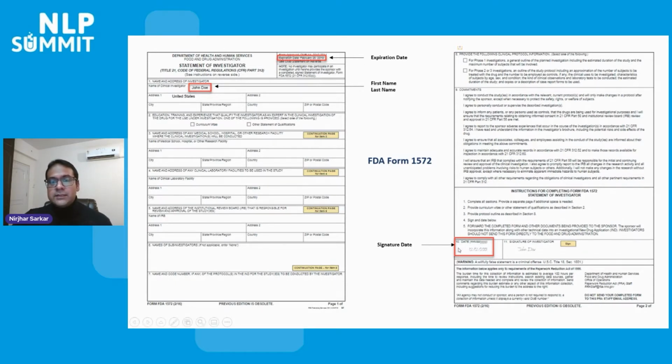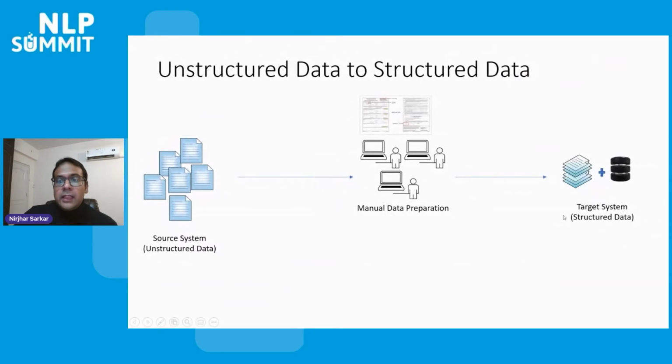We also have the signature date, which is on the second page. And then the manual data preparation team would set the metadata for these contents while pushing it into the target system, and we would end up with a structured data.